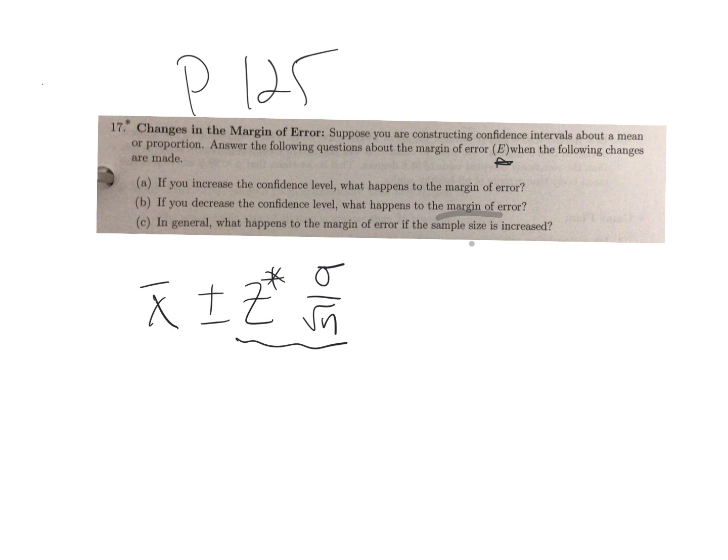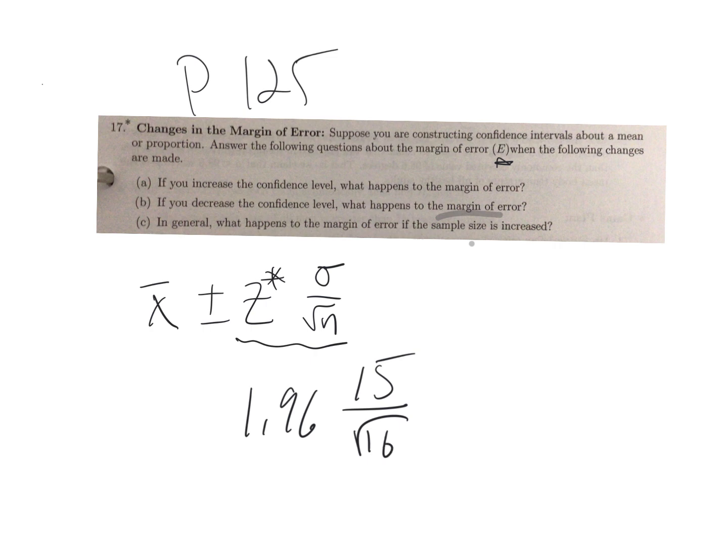So let's say we're going to do a 95% confidence interval, so z star is 1.96. Let's make this up: suppose we got a population standard deviation of 15, and this comes from a normal distribution. Suppose I got a sample size of 16.